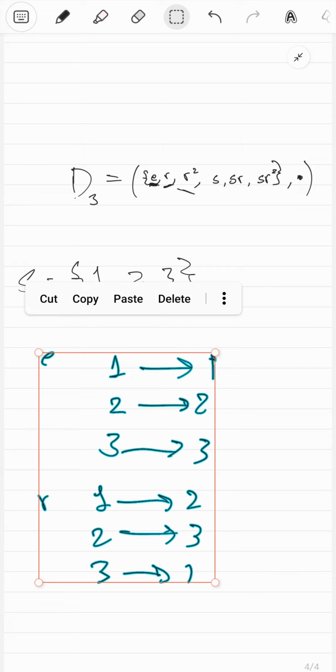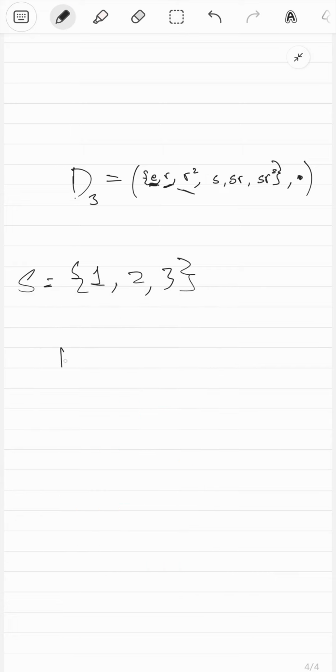But what we are going to say is that this group D3 acts on S. I think this is how you write it. And so every element in D3 is essentially a function. So g in D3 is a function.